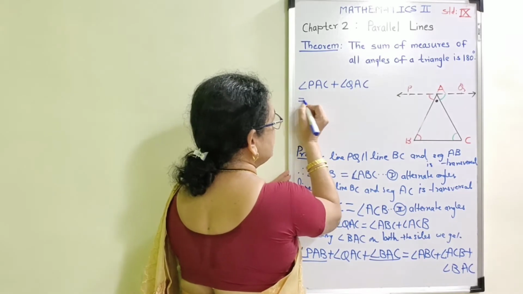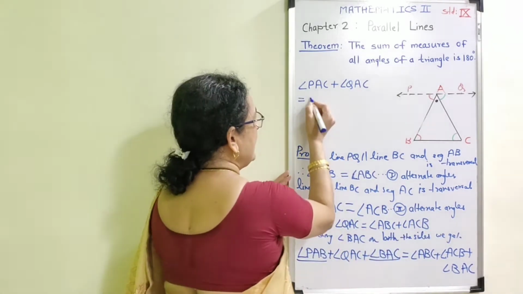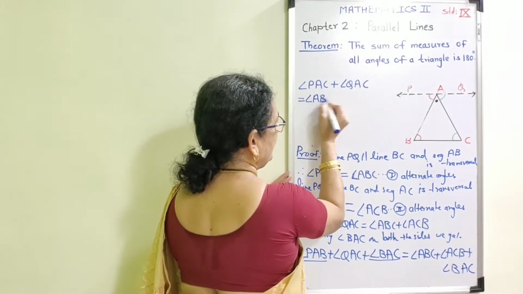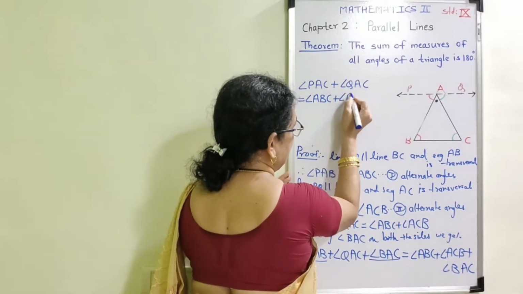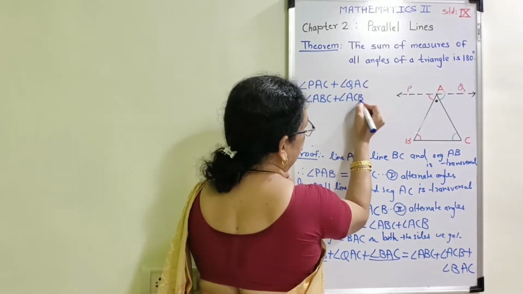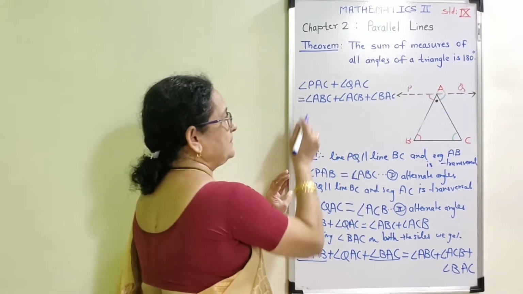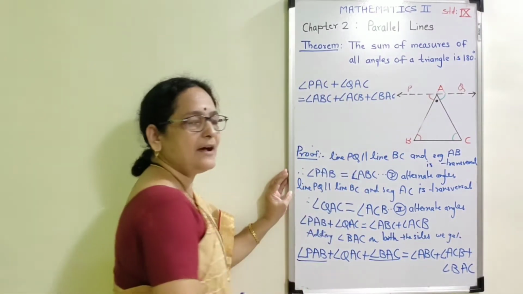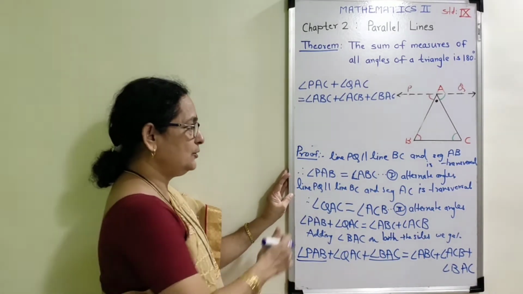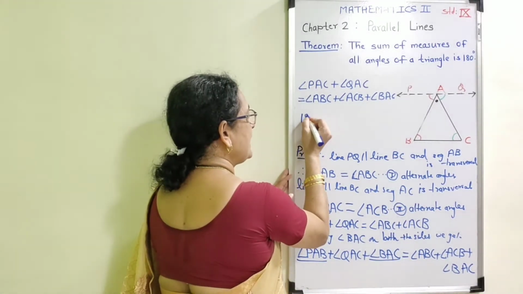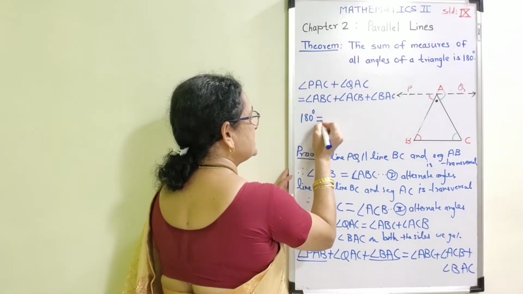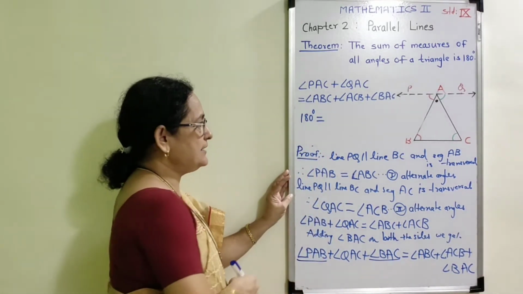Write the right hand side: angle ABC plus angle ACB plus angle BAC. But we know that these two angles are in linear pair, and we know the property for angles in linear pair, their sum is always 180 degree.